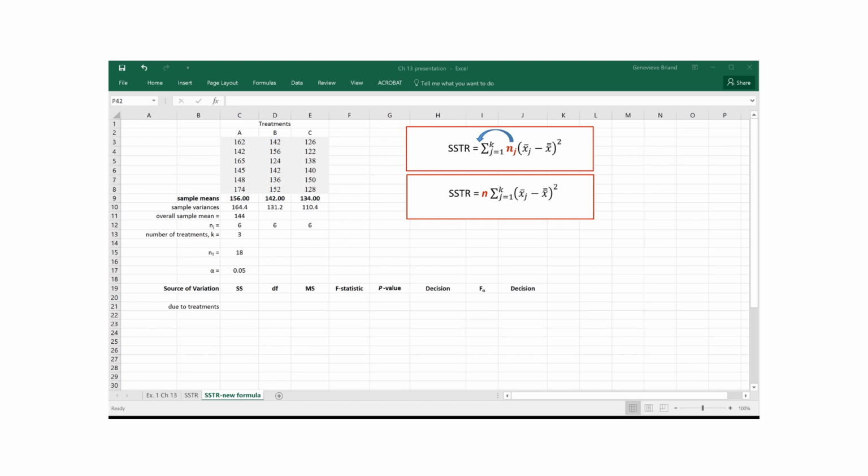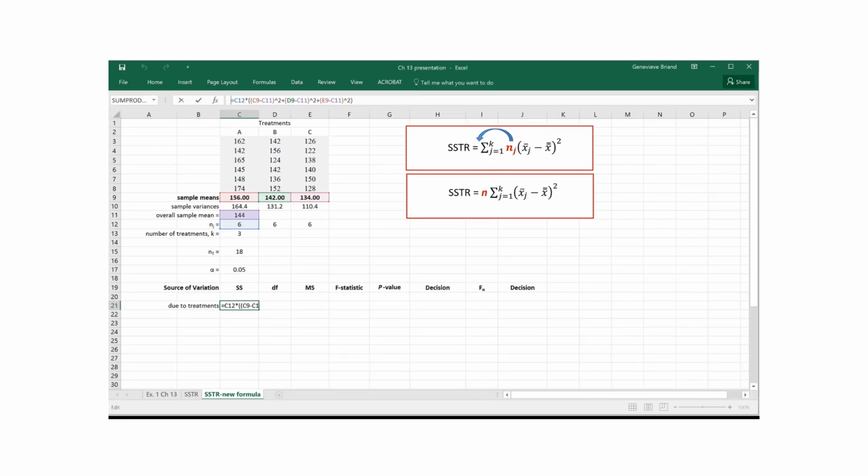Note that because we have equal sample sizes, nj is the same for all the treatments, so we can factorize that and multiply the sum of our squared deviations by n instead of each squared deviation by nj. So we call it n now because it's a constant, meaning being equal across treatments.